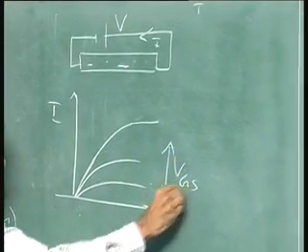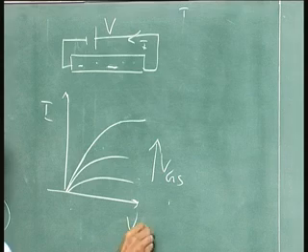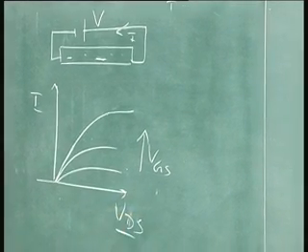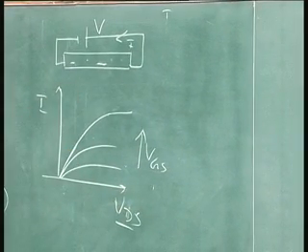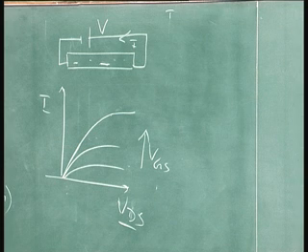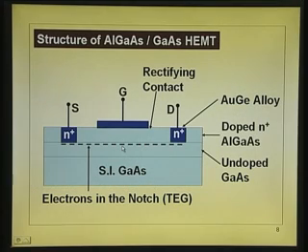We will come back to this. Right now, I am just saying that you can get gate control and vary the charge of this layer and vary the current. There will be few gaps in the understanding right now, but everything will clarify further as we go on.